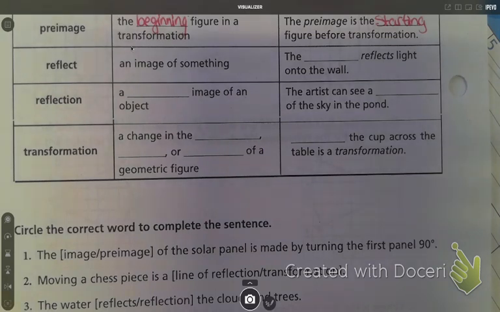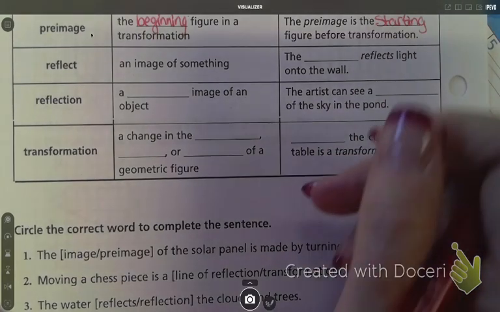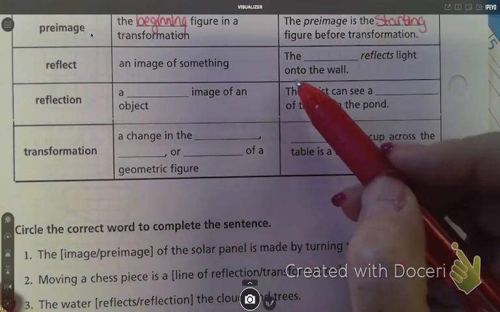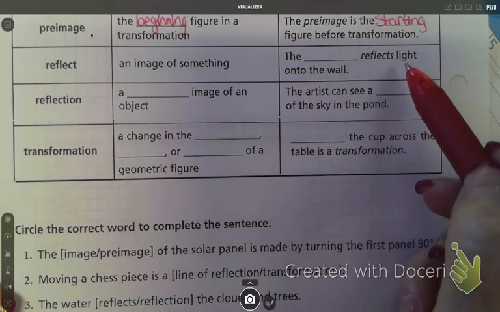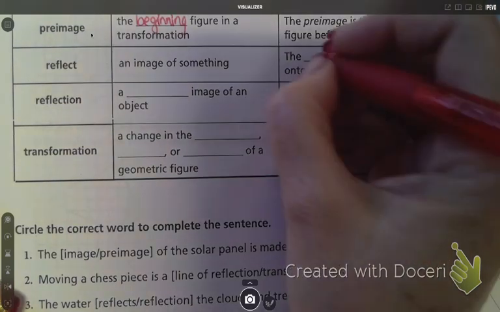Means the same. Reflect an image of something. Okay, that's really weird. The blank reflects light into the wall. Mirror.